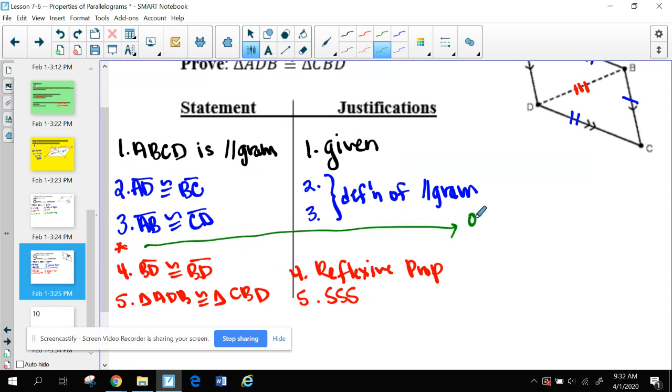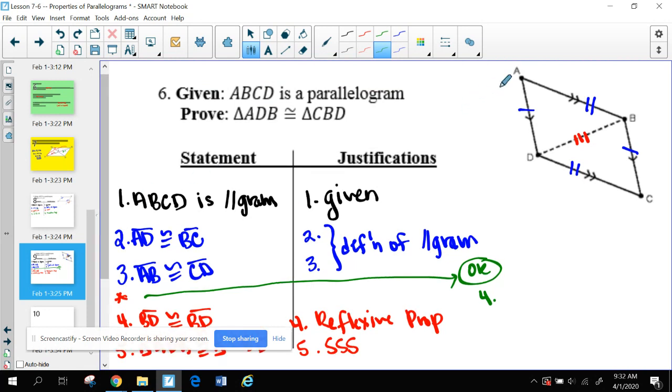Now, or, step 4, I could have said that these opposite angles are congruent. Okay, because this is a parallelogram, I know that angle A would be congruent to angle C. That would also be by the definition of parallelogram.